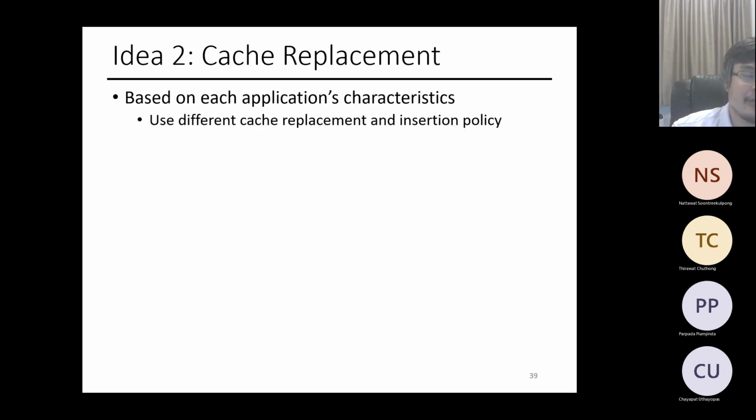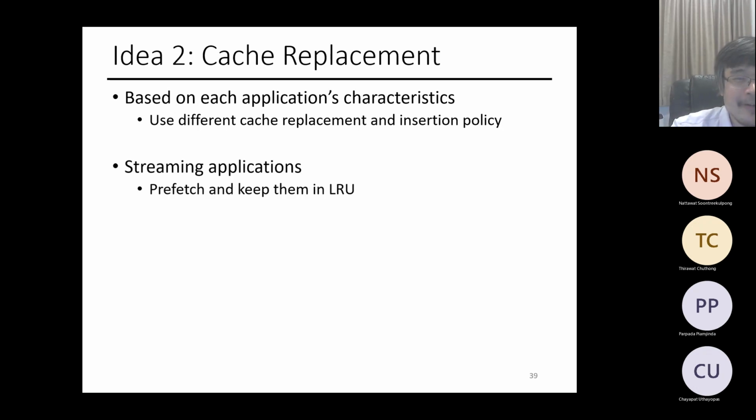The second idea is, if you look at application characteristics, they have different affinity to the cache replacement policy, right? Some applications are more LRU friendly than other applications. For example, if you have a streaming application, you can prefetch them and not promote them. What are these?